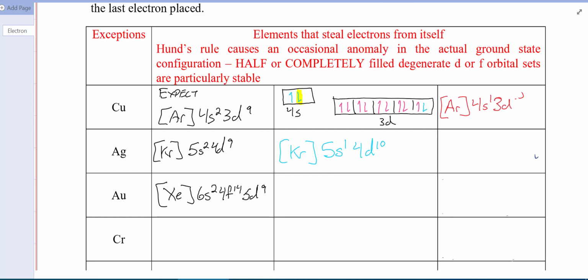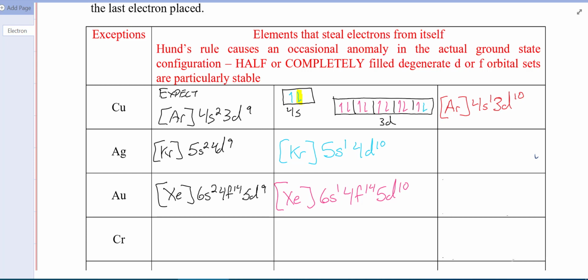It's not in xenon's configuration. Is it in gold's reactivity? No, but we still need to point out that we know that at this point. What we get for gold would be xenon 6s1 4f14 5d10. If you want to rearrange that to xenon 4f14 5d10 6s1, that's fine too.